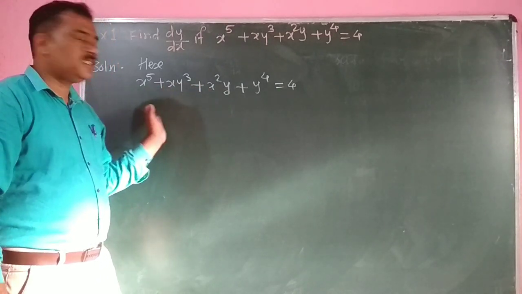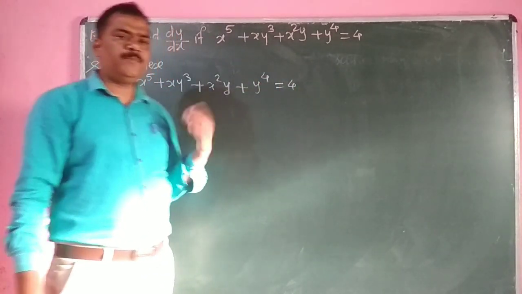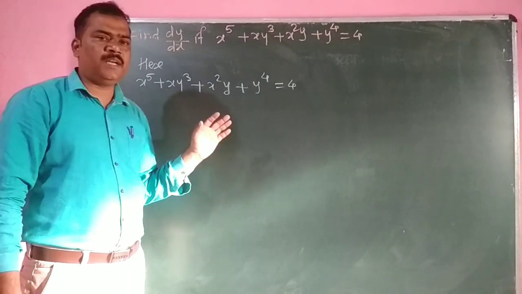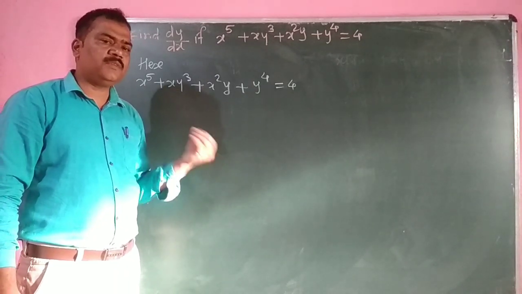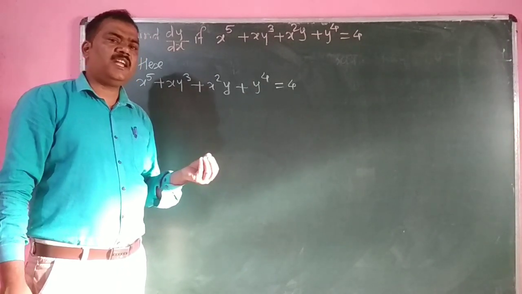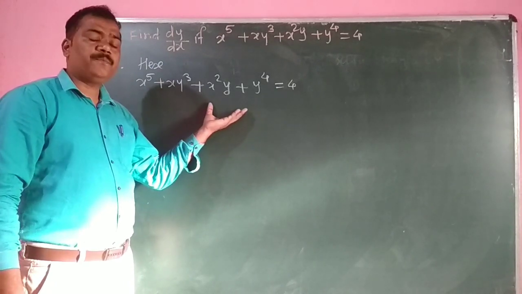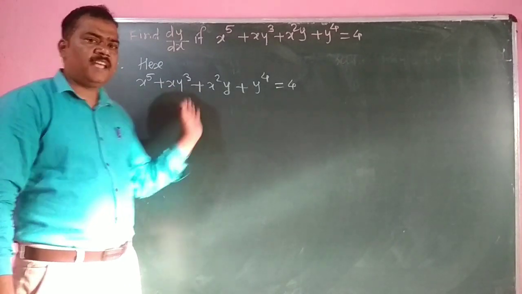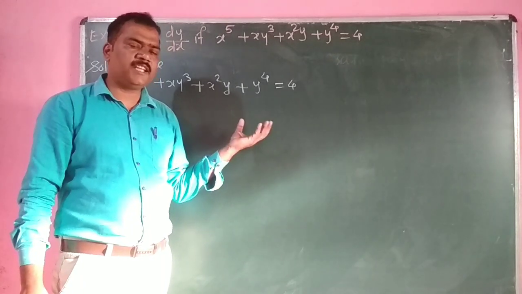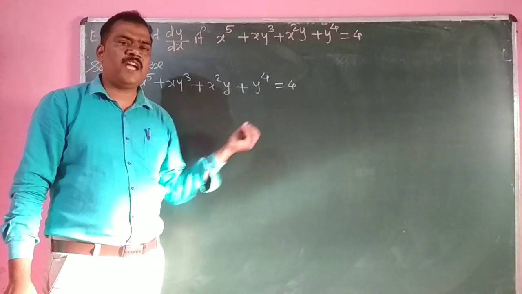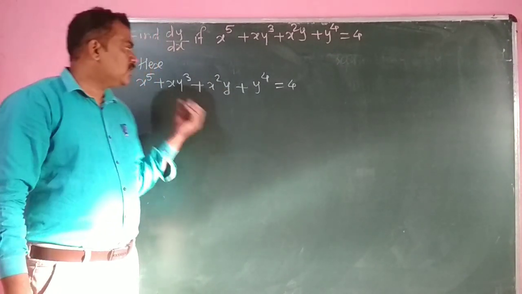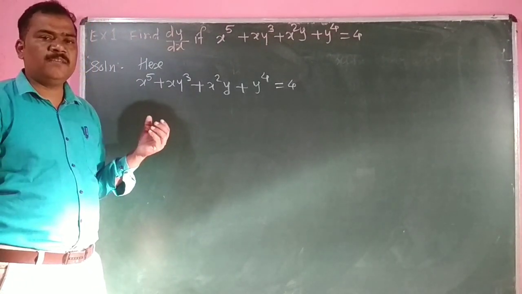There is no y on one side and x on the other side. If you try to separate y and x, it is very difficult. In some examples, we cannot express y on one side and x on the other, which means we cannot express the function as y is equal to f of x, so this function is called an implicit function.